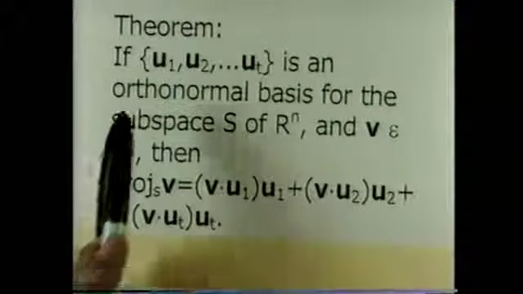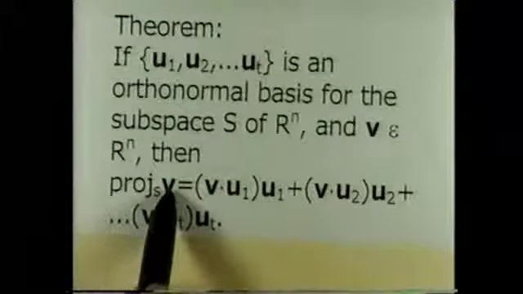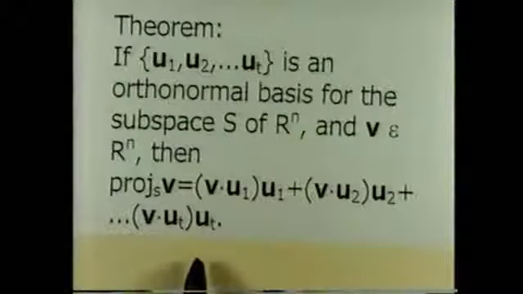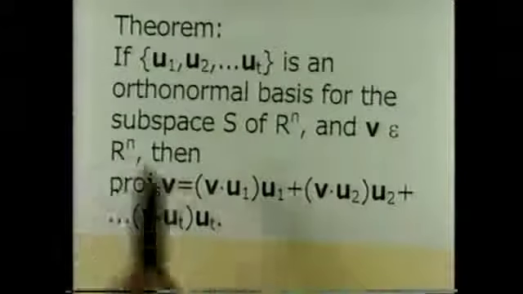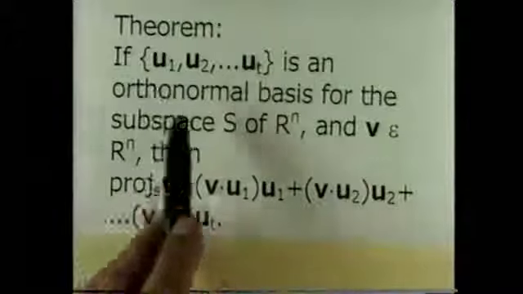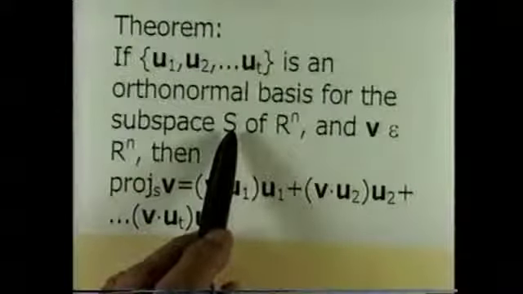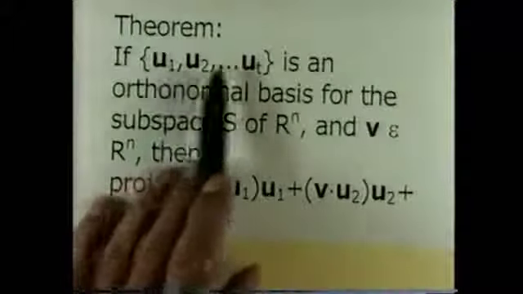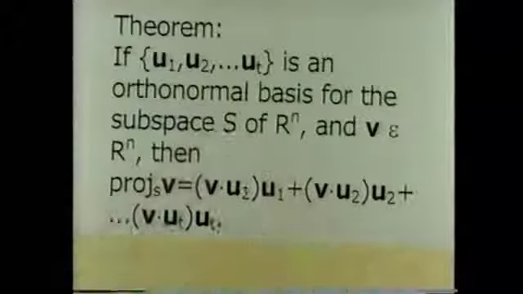So we're defining the orthogonal projection of V onto S. Now V is any vector in n space, and S is the subspace of R to the n, and the U's form an orthonormal basis for S.